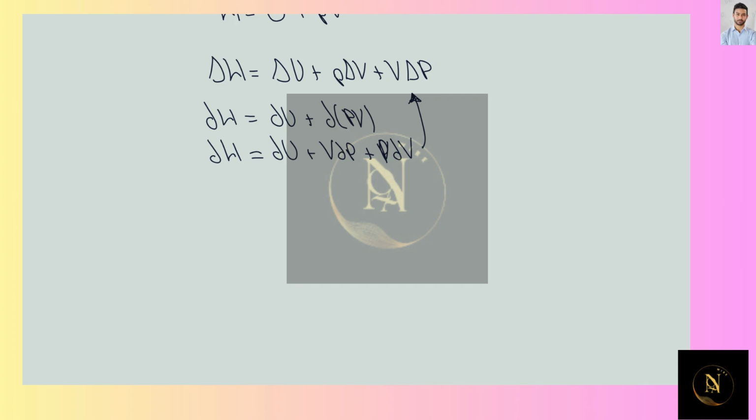Well, in general, for chemical reactions, what we are going to have is a process that starts from reactants and goes towards products.